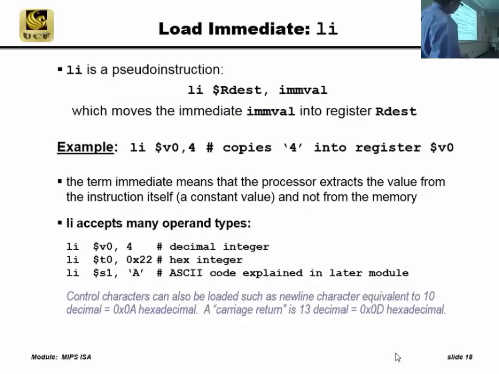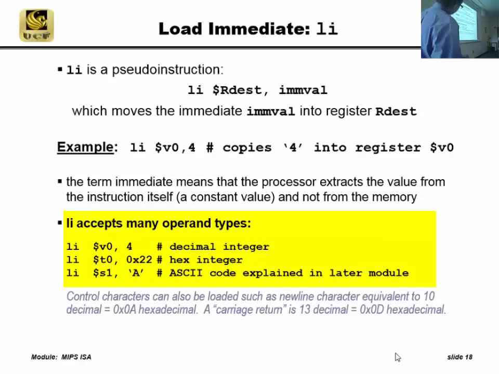So for example, if I want to load this register, V0, with a constant 4, is that decimal 4 or is that any other type of 4? It's decimal. Decimal 4, I want to load 4 into this register. Here's one way to do it, the LI instruction. You can see LI accepts many operand types.